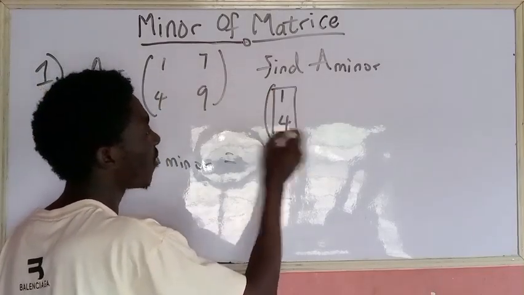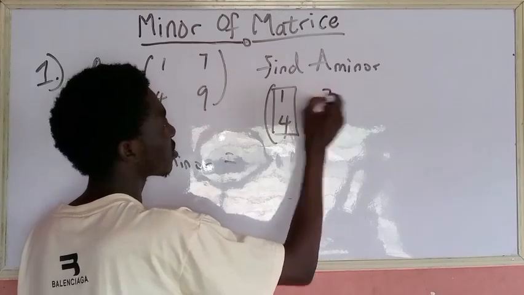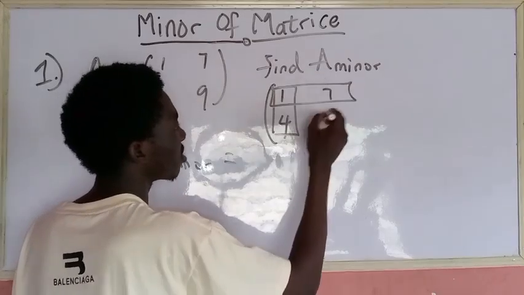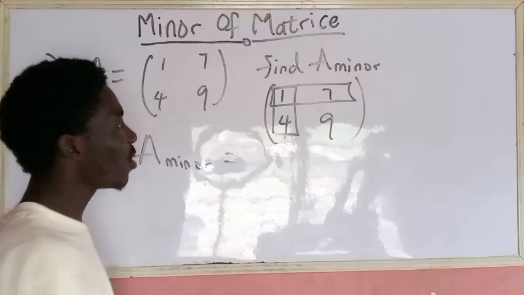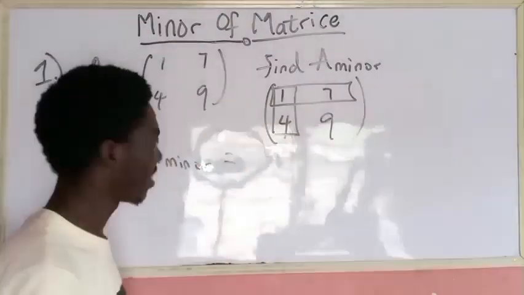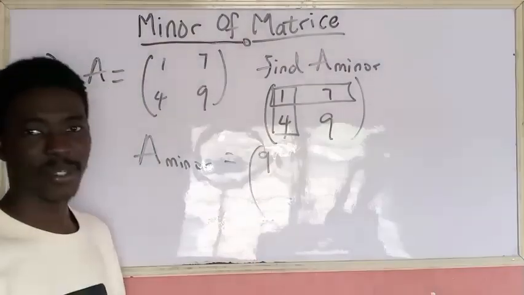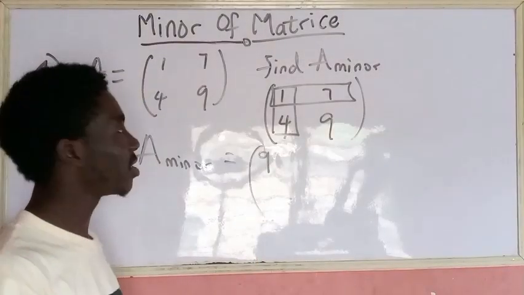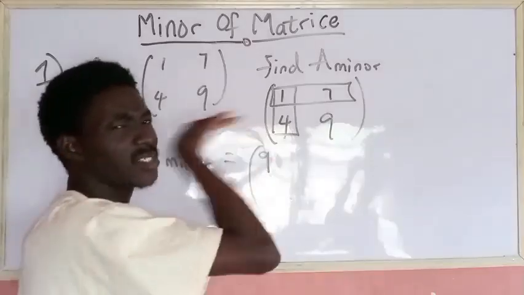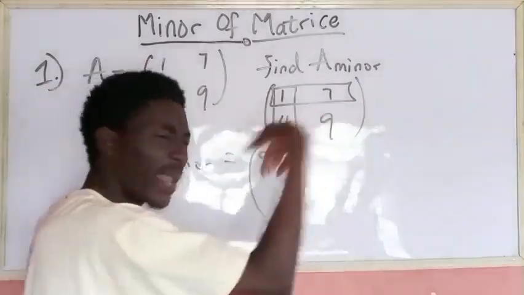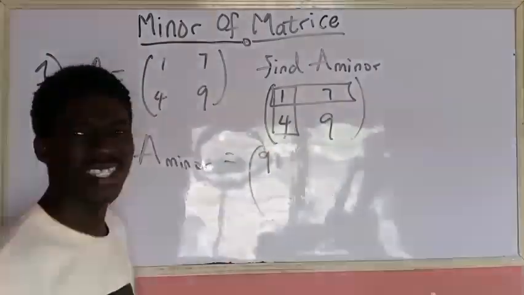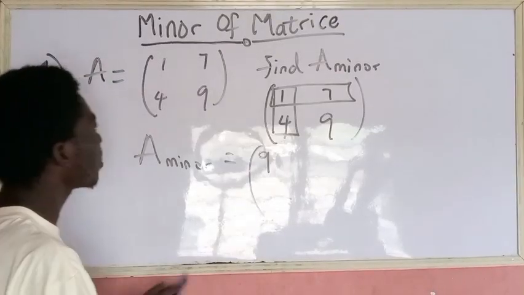You can see it covers this, and at the same time it covers this. So you have a 9, and that means 9 is what I write here. I have to find the minor of a 2 by 2 matrix: take the element, take out its column and its row, and the remaining element is what you put in that position. Are you getting it?